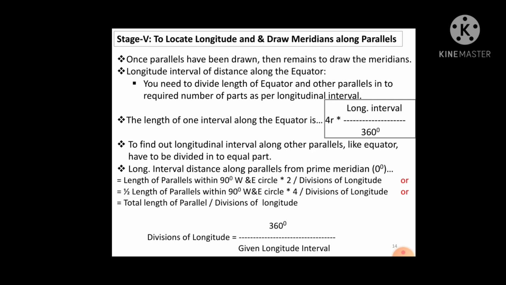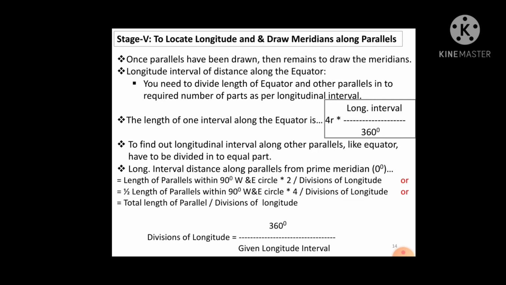Now the fifth stage is important, where we have to find the longitudes and how to draw the meridians along those longitudes which converge at the north and south poles.